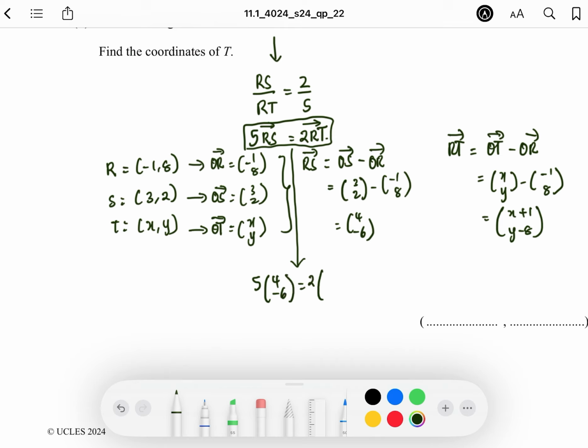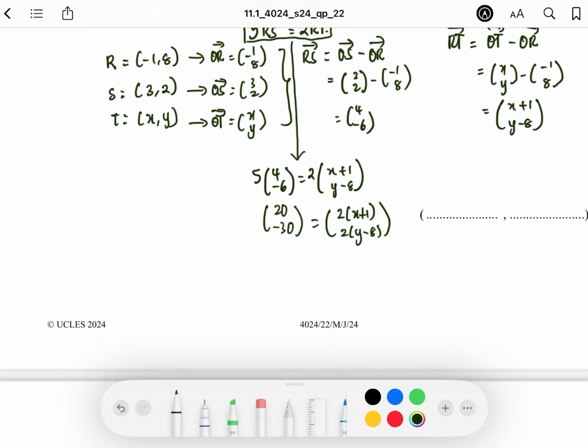And then we have RT, which is x plus 1, y minus 8. So what we get in equation, we can simplify this one first so it's easier. We can simplify this one as well. Multiply it with the whole thing: 2(x plus 1) and then 2(y minus 8).